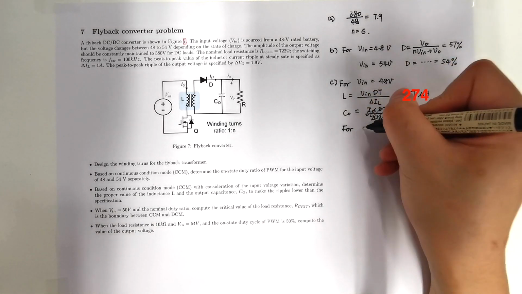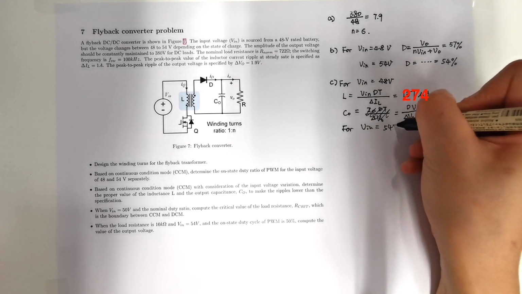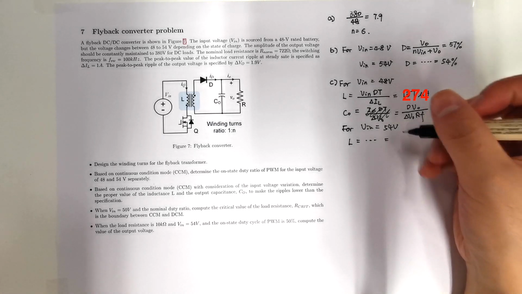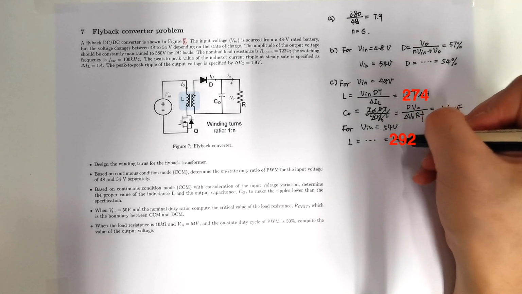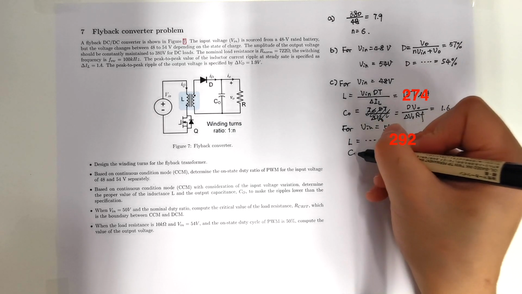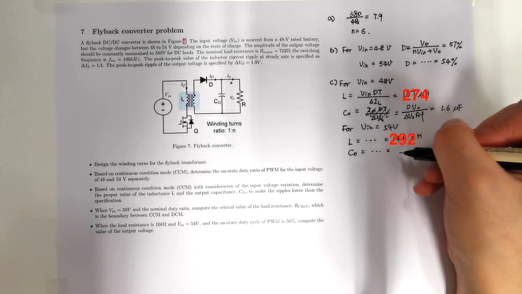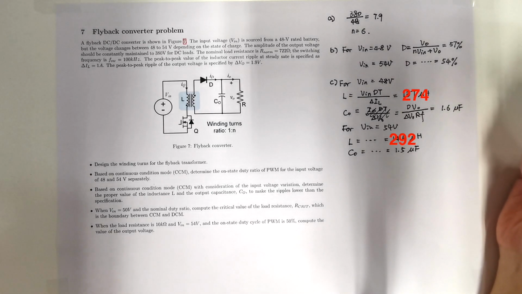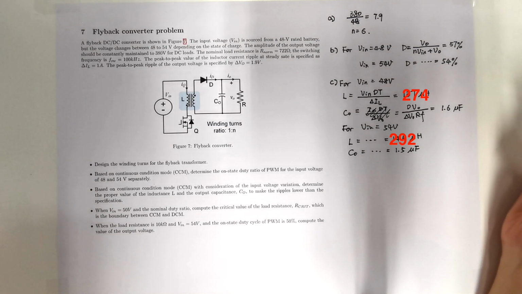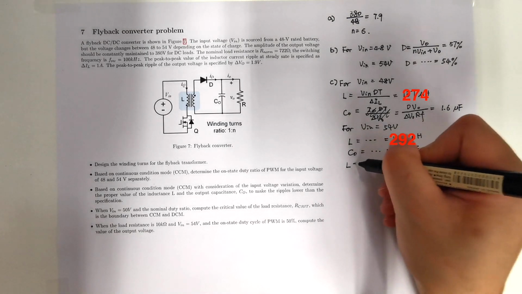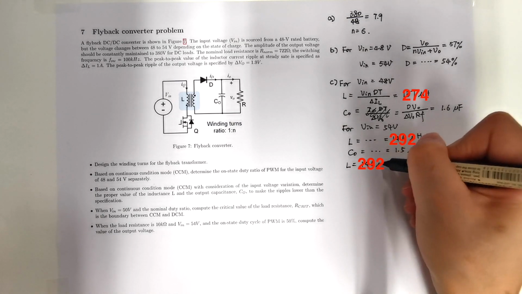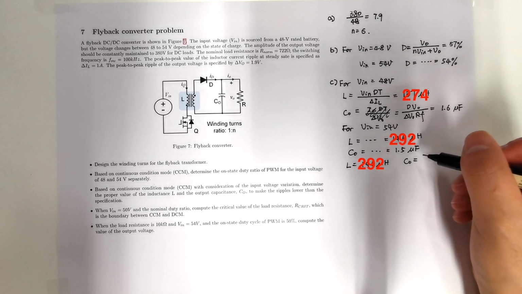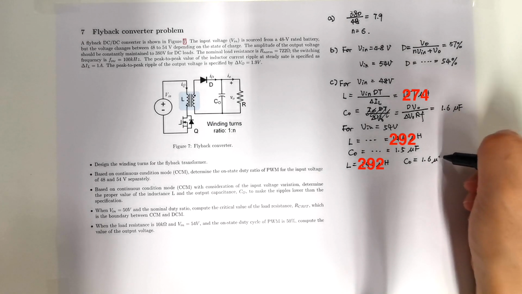And for our input of 54 volts, our inductance using the same equation is 146 microhenry, and our capacitance is 1.5 microfarads. And we pick the larger size as our design value. So for our inductance, we pick 146 microhenry, and for our capacitor, we pick a capacitance of 1.6 microfarad.